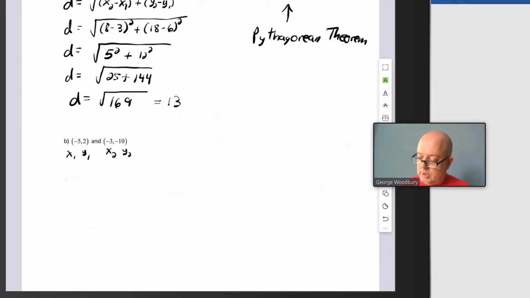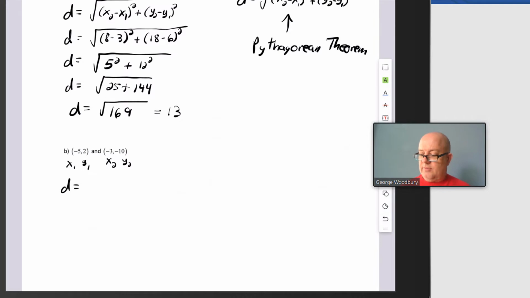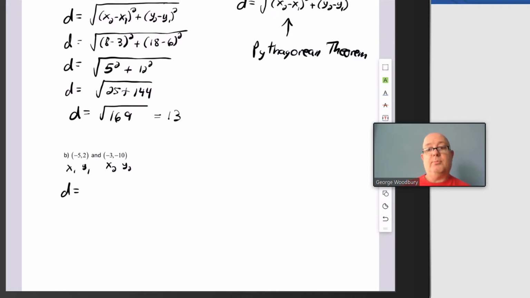And so I've got the formula still written above, so I'm going to go right into the formula. It's the square root of x2, which is -3, minus x1, which was -5, all squared. And y2 minus y1 is -10 minus 2 squared.